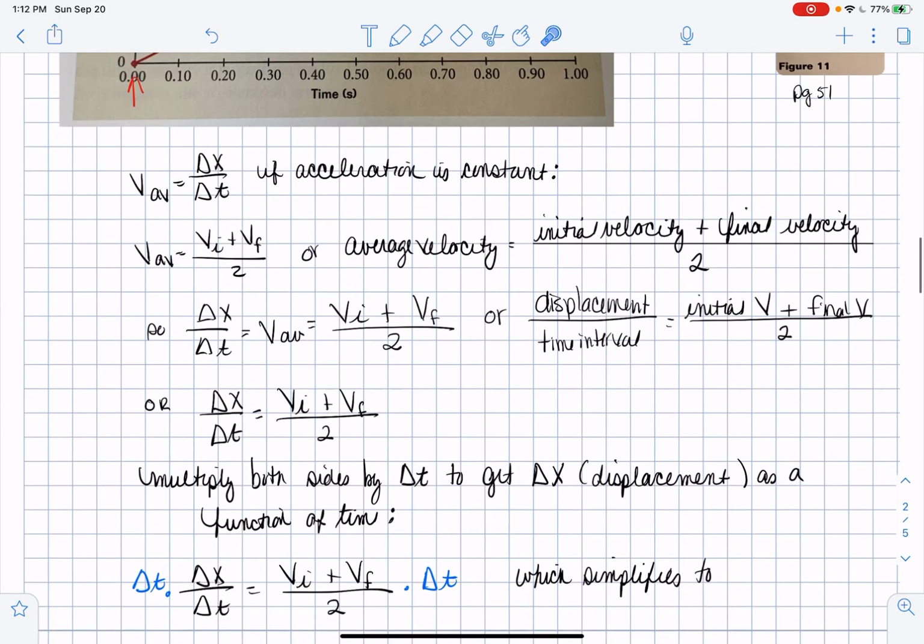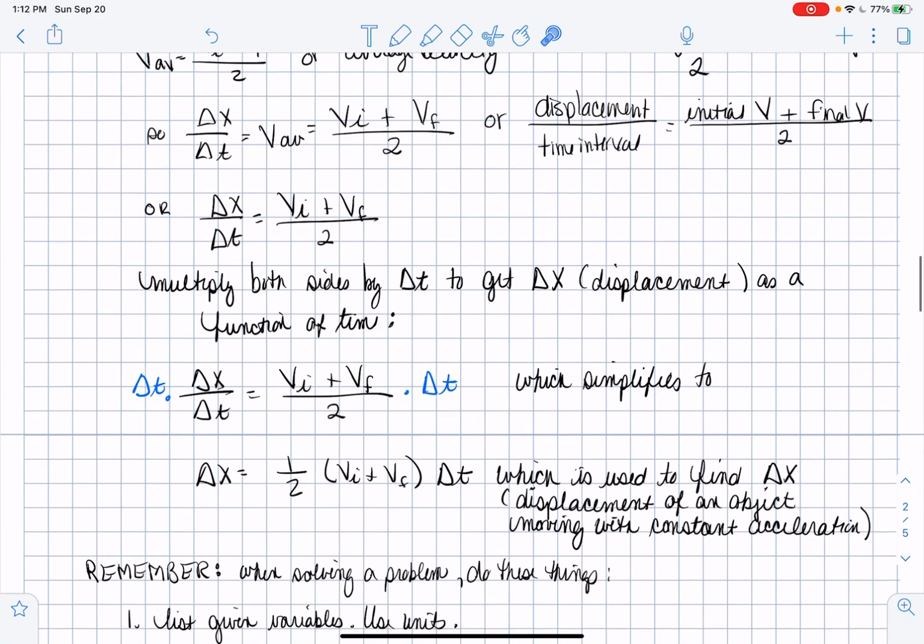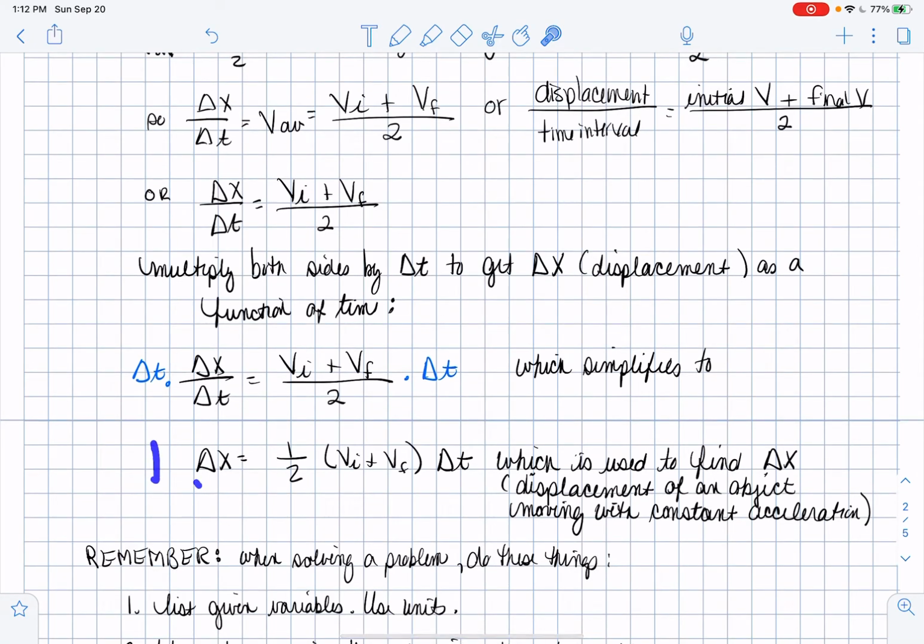If we multiply both sides of this equation by delta t, which we've done right here, and then simplify, we get delta x equals 1/2, because of the 2, times the initial plus final velocity as a quantity, times delta t.